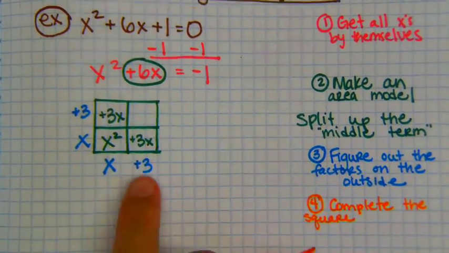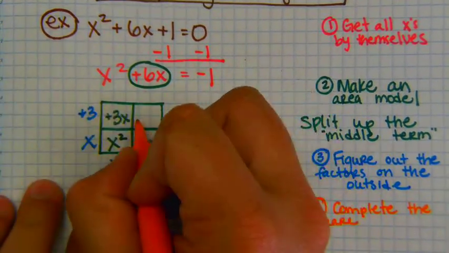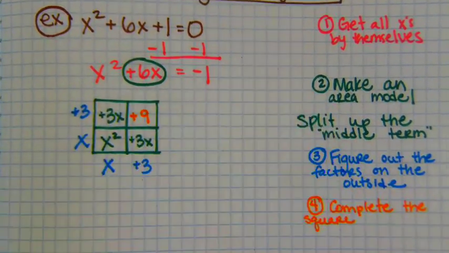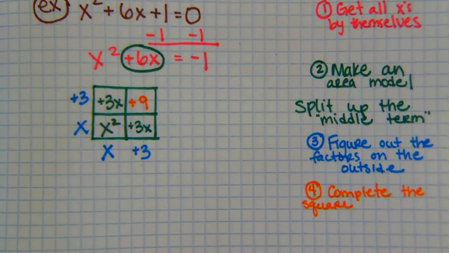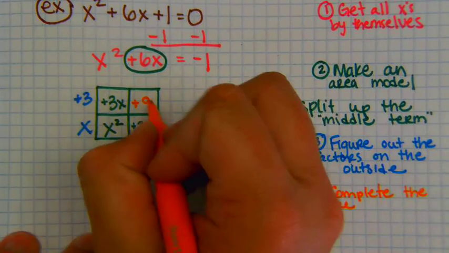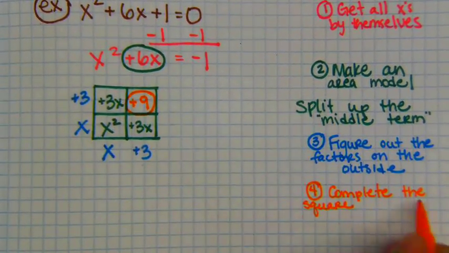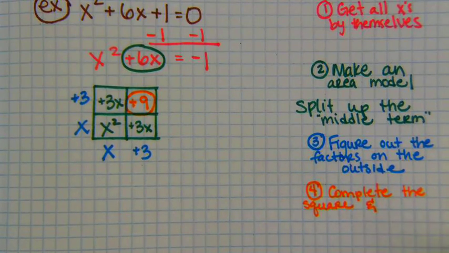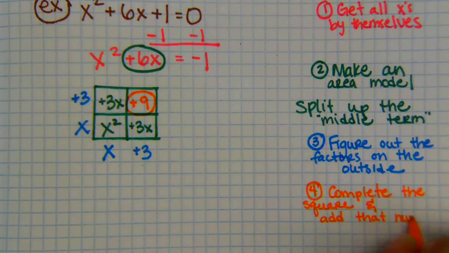Well, if we have a plus 3 and a plus 3, we multiply those to get a plus 9. So that plus 9, we complete the square and add that number to the other side.